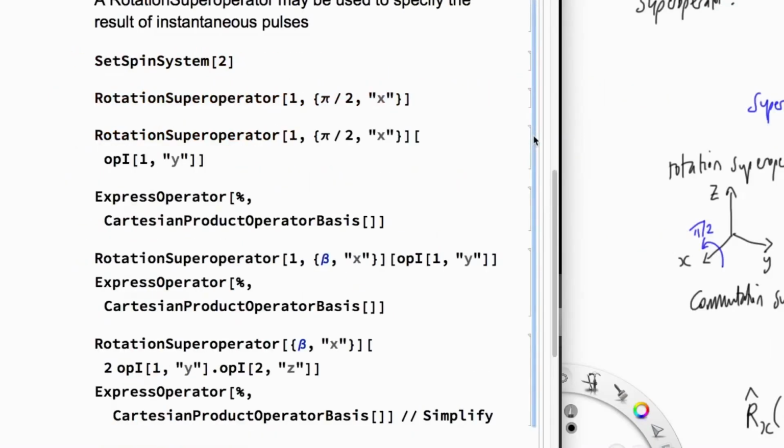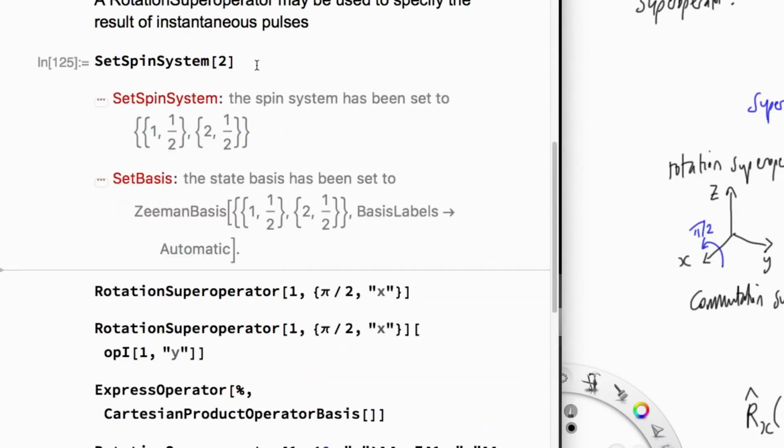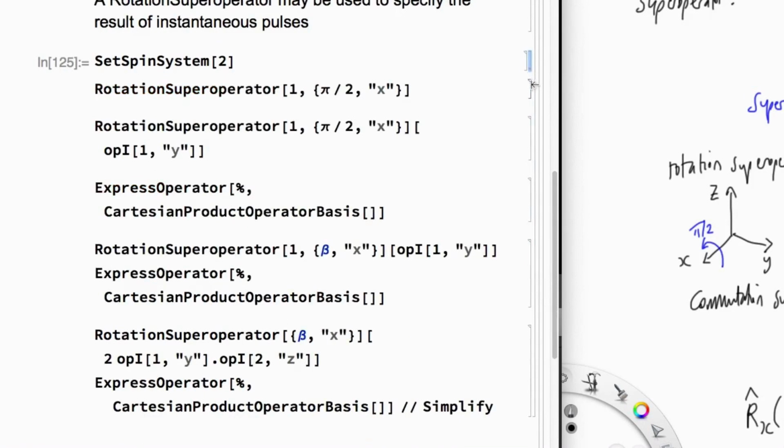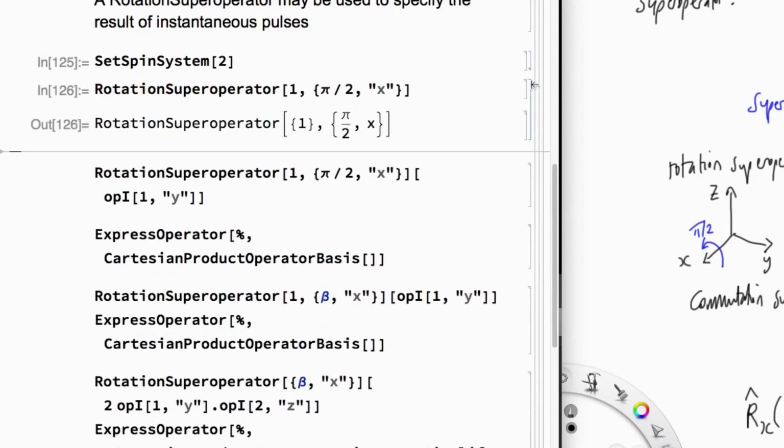Similarly, we have a rotation superoperator. Let's have a look at that. Here I set up a two-spin-half system, and I can form the rotation superoperator for a 90-degree rotation about the x-axis for spin number 1.